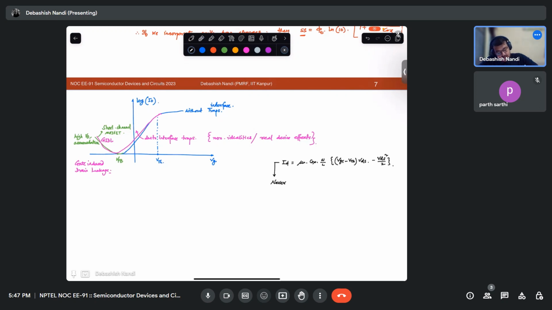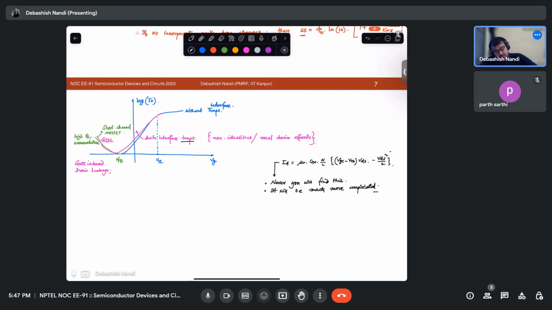Never will you find this. It will be much more complicated. Why will it be complicated? To take care of these kinds of small real device effects, okay.